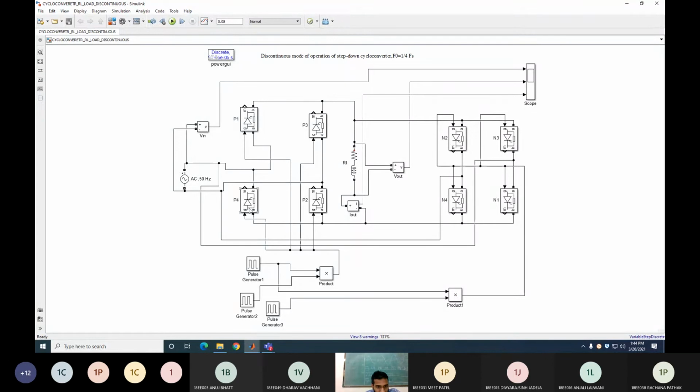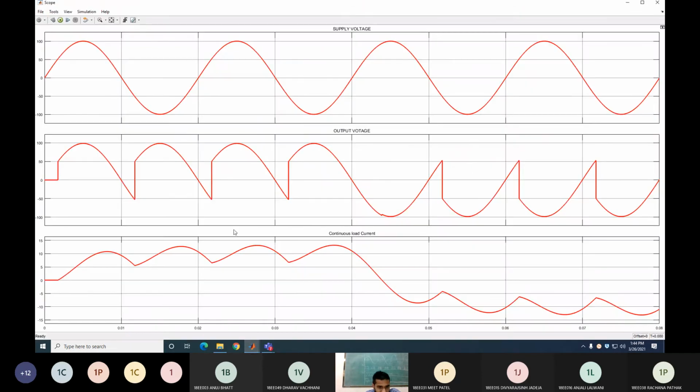So P3 P4 come into forward bias because negative is connected with the cathode of P4 and positive is connected with the anode of P3. So at this time you already provide the gate pulse at pi plus alpha and it is in forward bias. So obviously your P3 P4 start conducting. Clear? Understand or not?